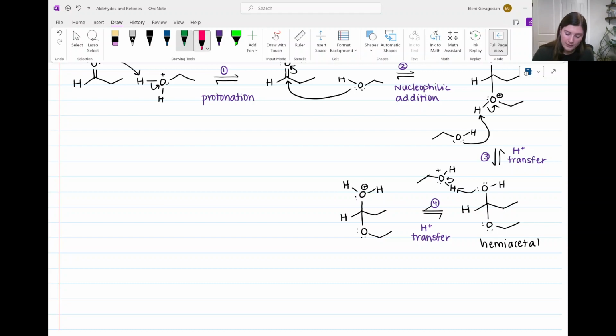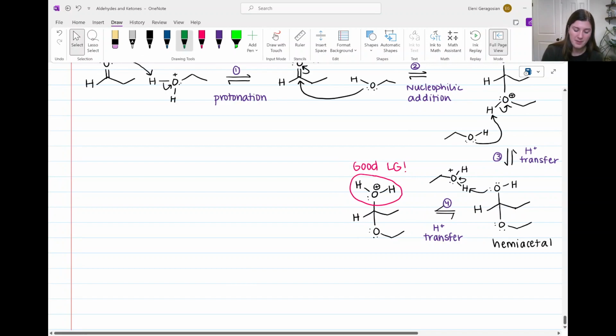We have formed this H2O substituent, and this is a good leaving group. When we have a good leaving group, it's probably going to leave the molecule. So the next step, we are now eliminating water.